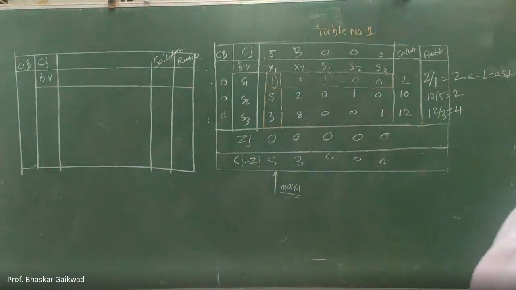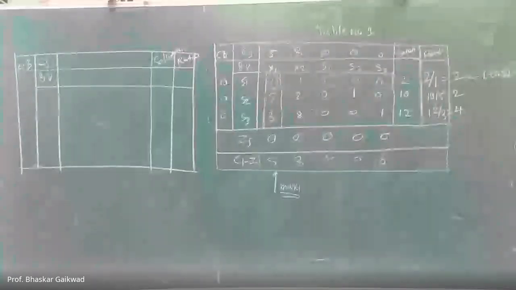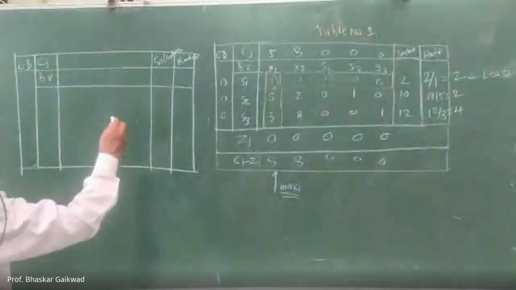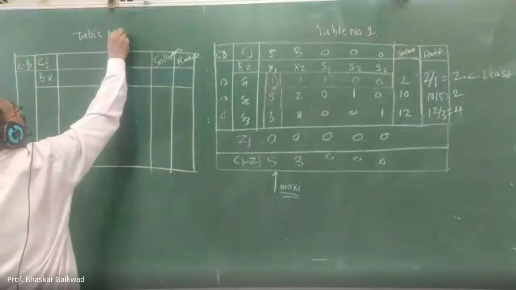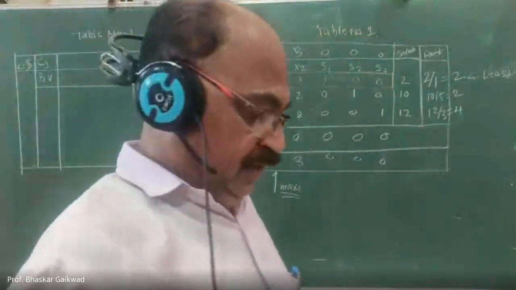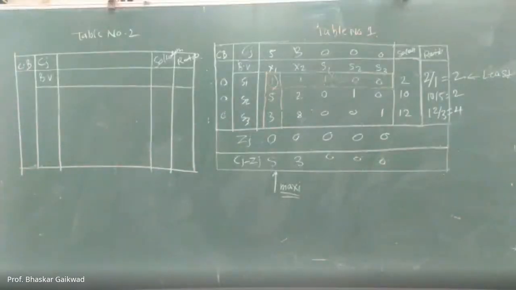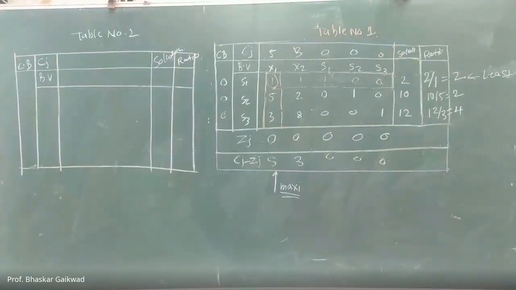So as usual, you have to prepare the table number 2. So this is the table number 2. Now once the key element we have got, we have to replace that surplus variable, our basic variable, by x1.